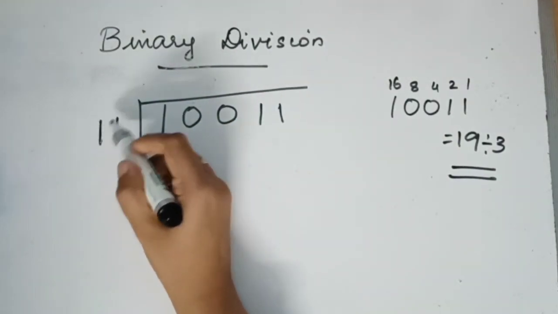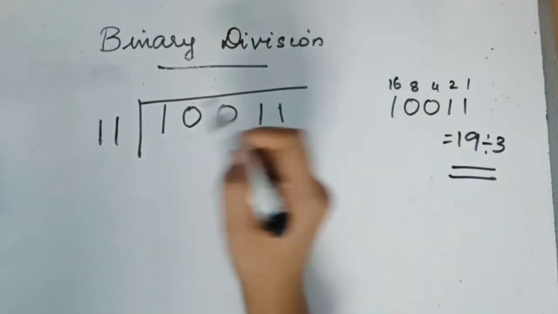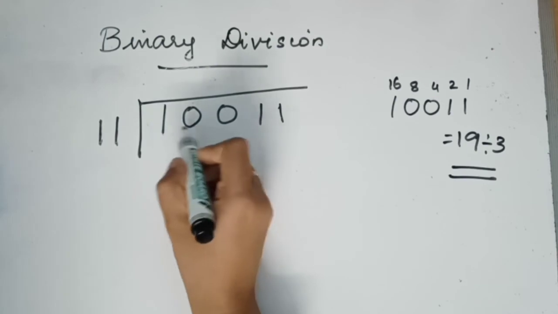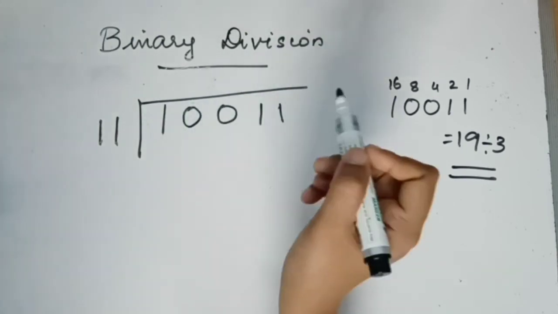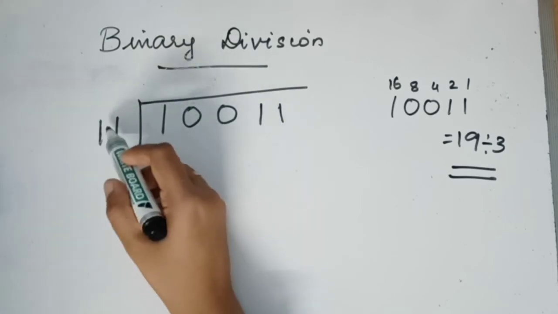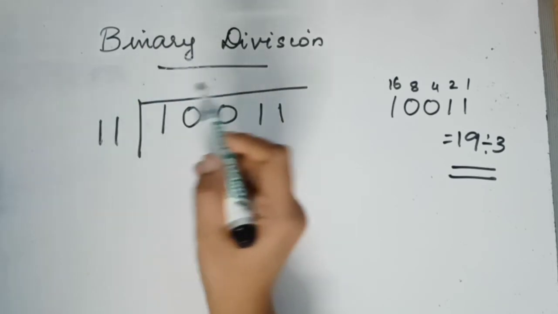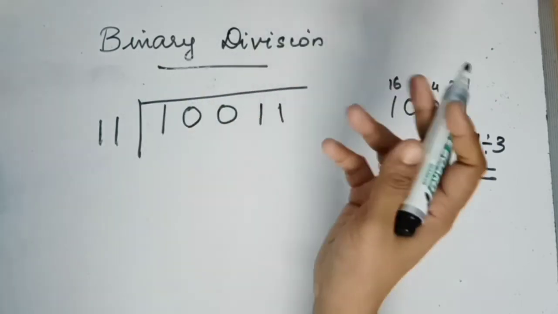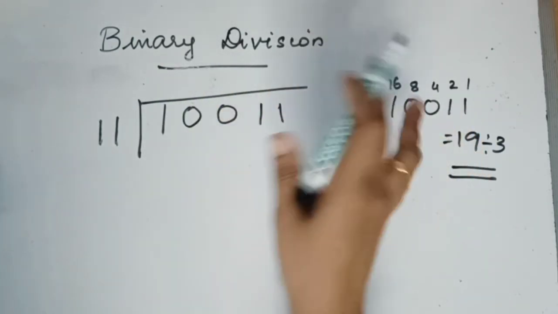Here this is 1 1. So if you take the first two bits, it is 1 0. So if we are taking just these two bits and these two bits, 1 0 is less than 1 1, right? Like in normal decimal division.